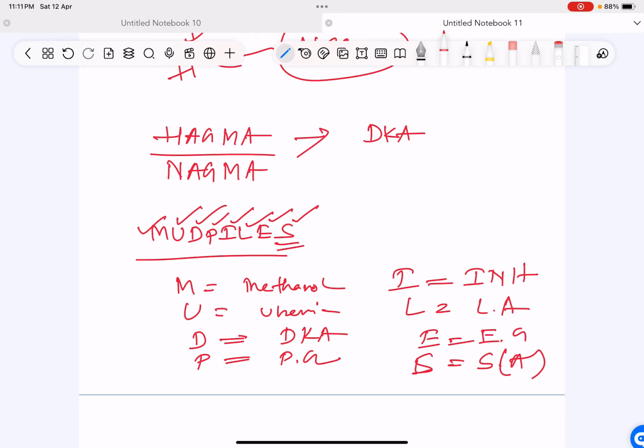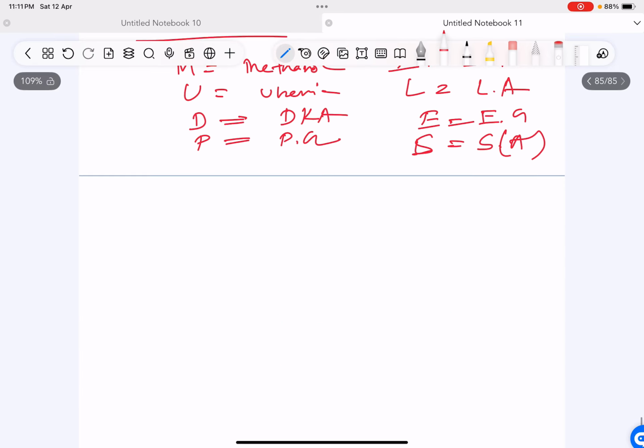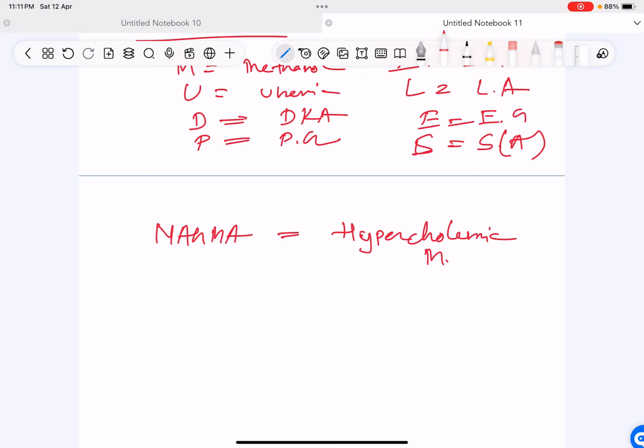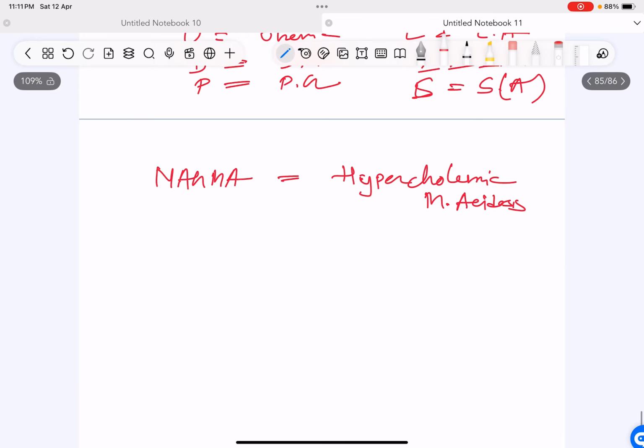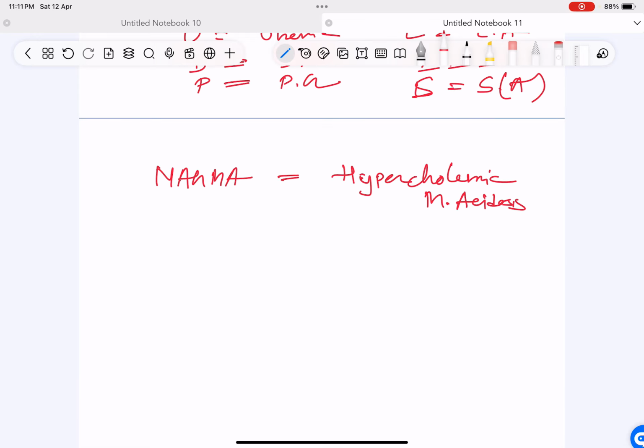These are the causes. And NAGMA, which is also known as hyperchloremic metabolic acidosis, is caused by conditions like diarrhea, which is loss of fluid from the GI tract.